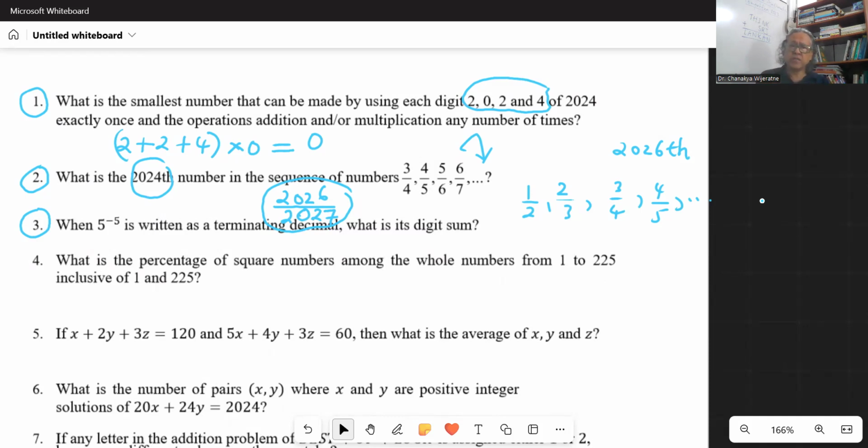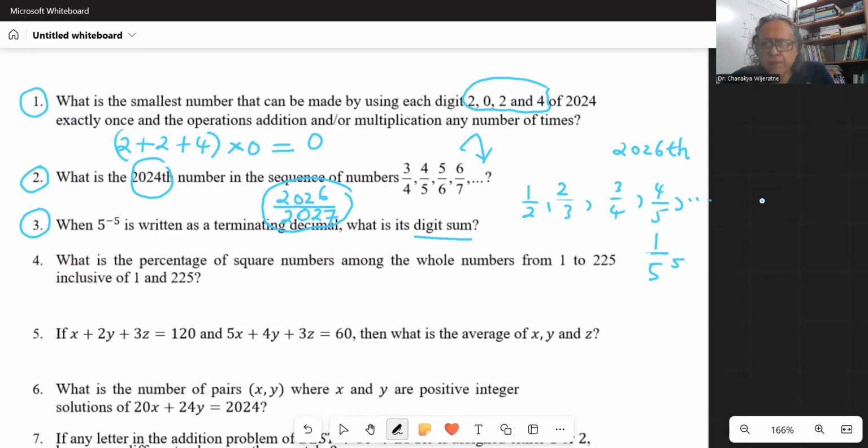The usual digit sum is used for whole numbers, the sum of the digits of the whole number, but you can also use it for other numbers, right? Okay, let's write 5 to the negative 5, which is 1 over 5 to the 5, right?